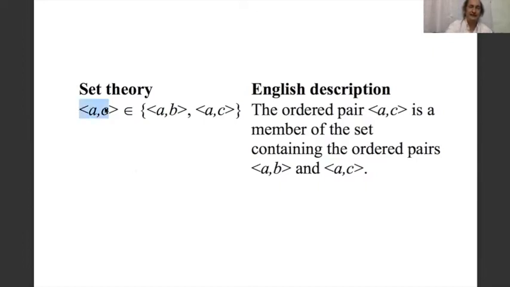The ordered pair AC is a member of the set containing the ordered pairs AB and AC.